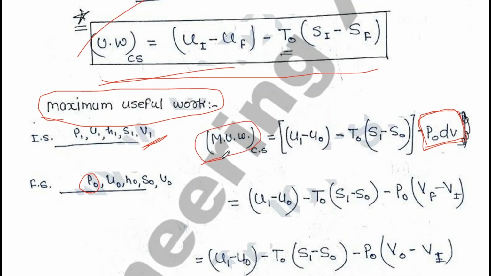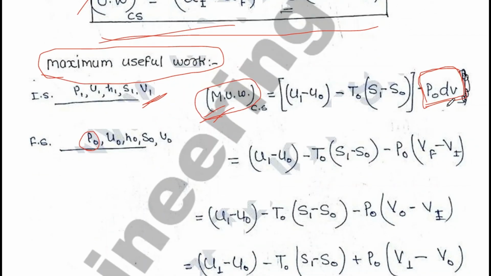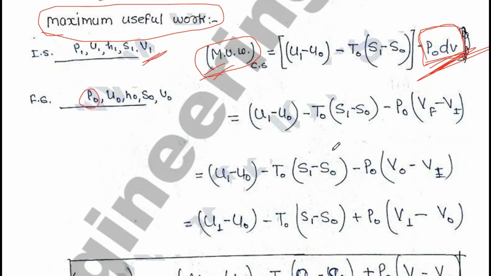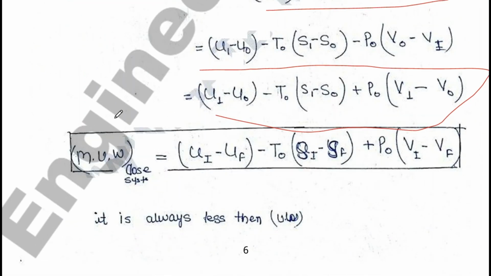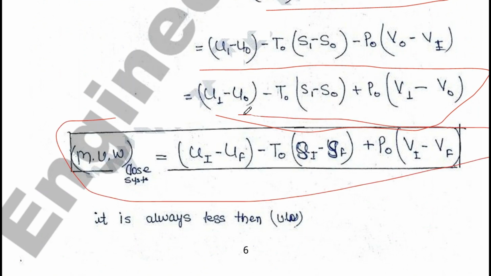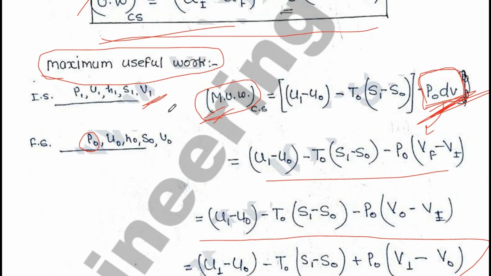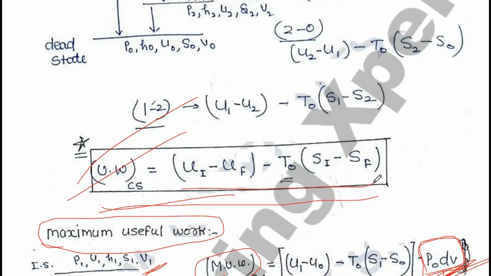If we also consider this work, then this useful work becomes maximum because we are using all the useful work from everywhere we can. So on rearranging this, we get this. So this is maximum useful work for closed system. Don't confuse this maximum useful work with useful work. Here we have not considered the pressure work.